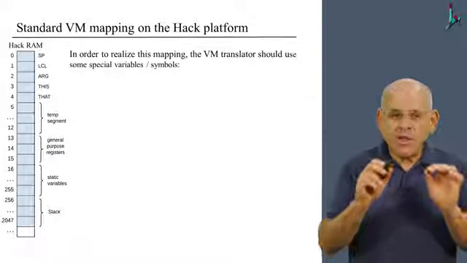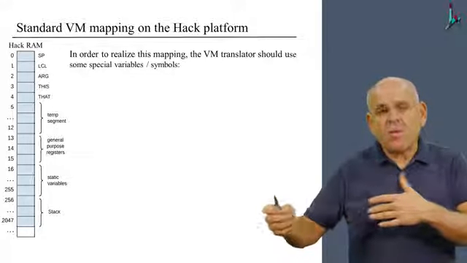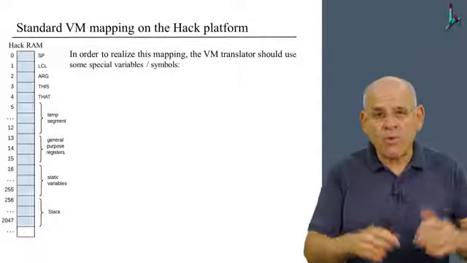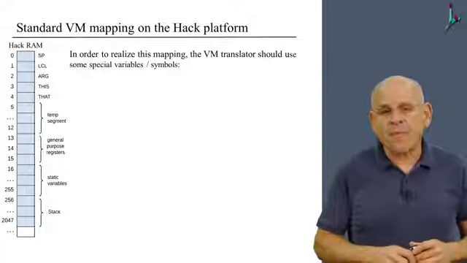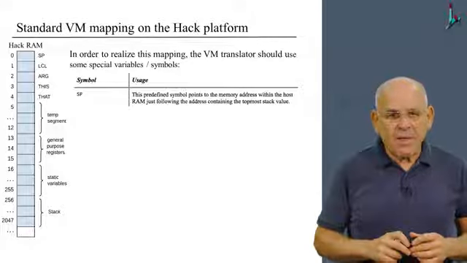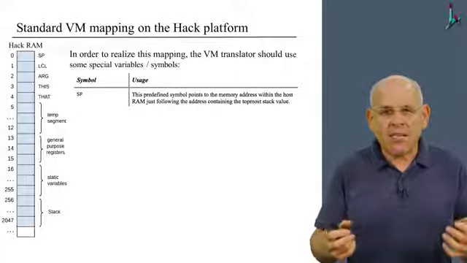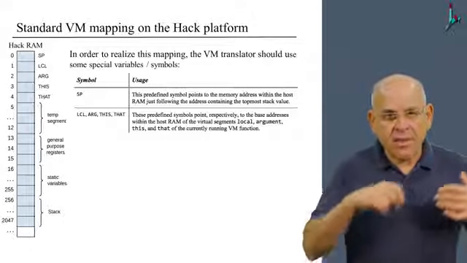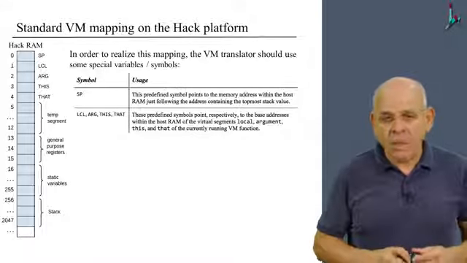If we want to achieve this mapping, then when we write the VM translator, we have to use certain agreed upon symbols when we generate the assembly code that realizes the VM code on Hack. In particular, we're going to use SP as a special label that stands for the stack pointer. We're going to use LCL, ARG, THIS and THAT as the segment pointers of the respective memory segments.